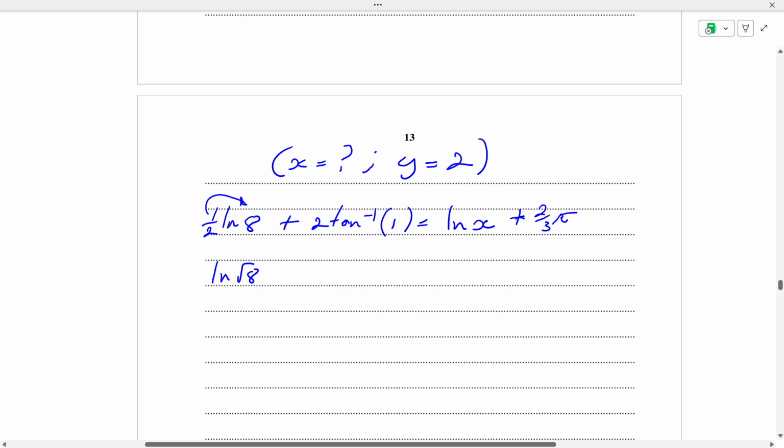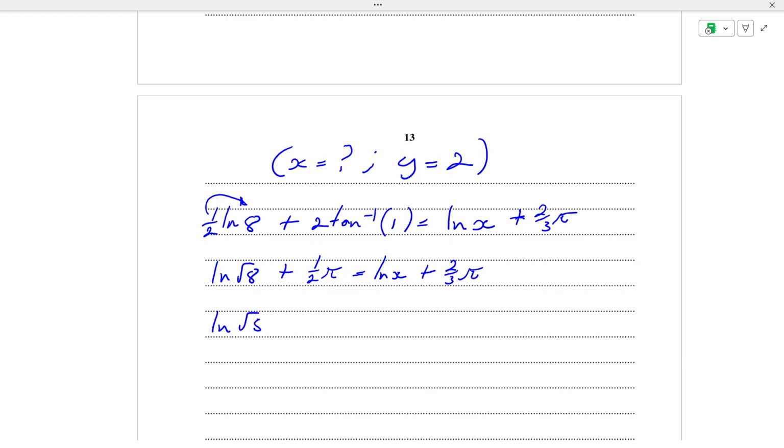Then tan inverse of 1 is equal to half pi, so we have half ln 8 plus half pi is equal to ln x plus 2 over 3 pi. So now we can take the ln to the other side and then take the half pi to the other side. So we have ln root 8 minus ln x is equal to 2 over 3 pi minus half pi.